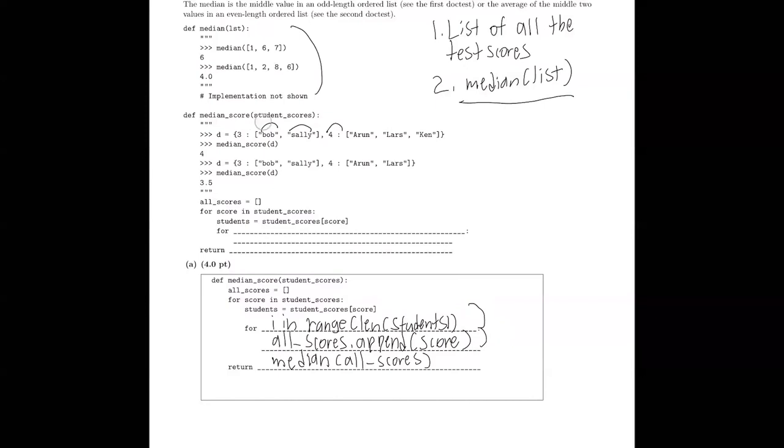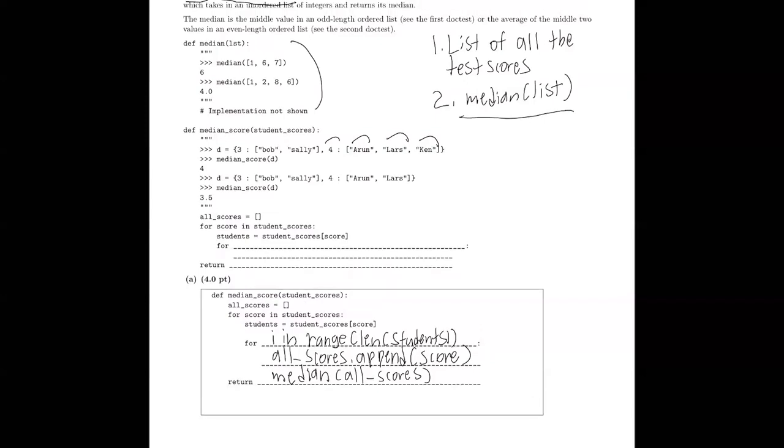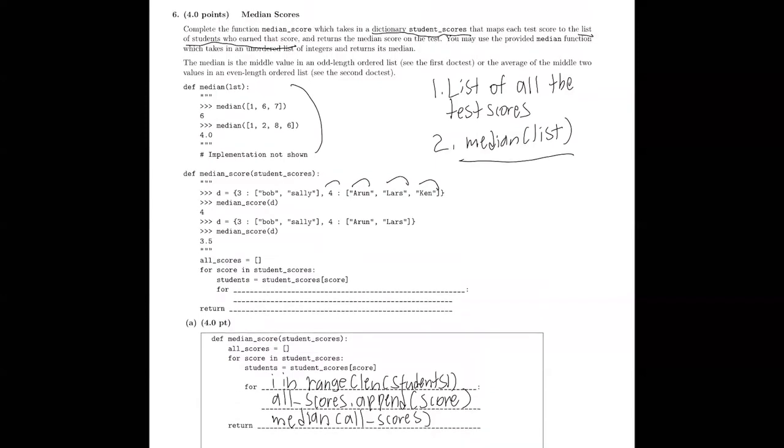And then after the first loop, we will then look at 4, and we will then append 4 three times because there are 3 students in the value. And then we will find the median of that list, and we should be good to go. And yeah, that's pretty much it for problem number 6.